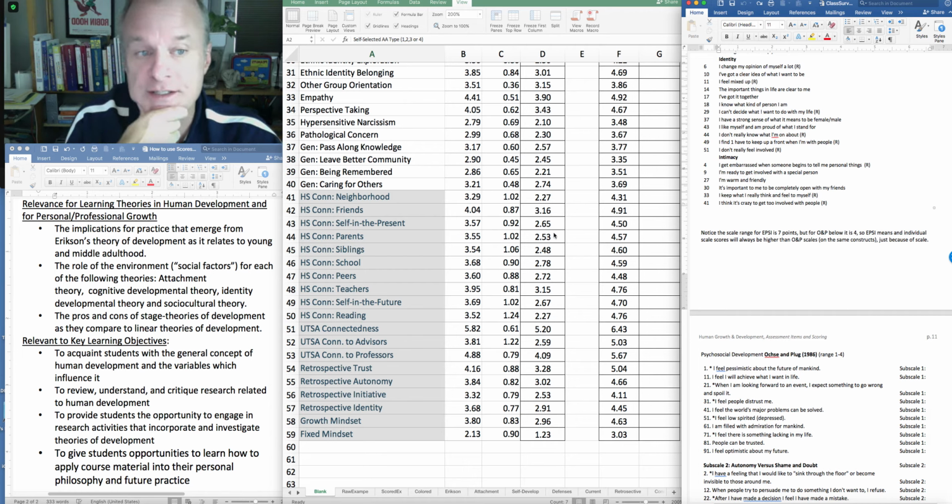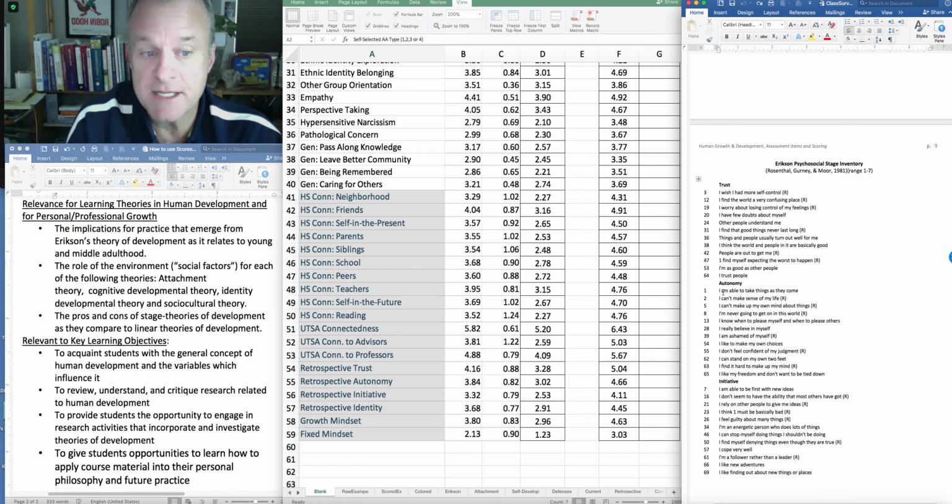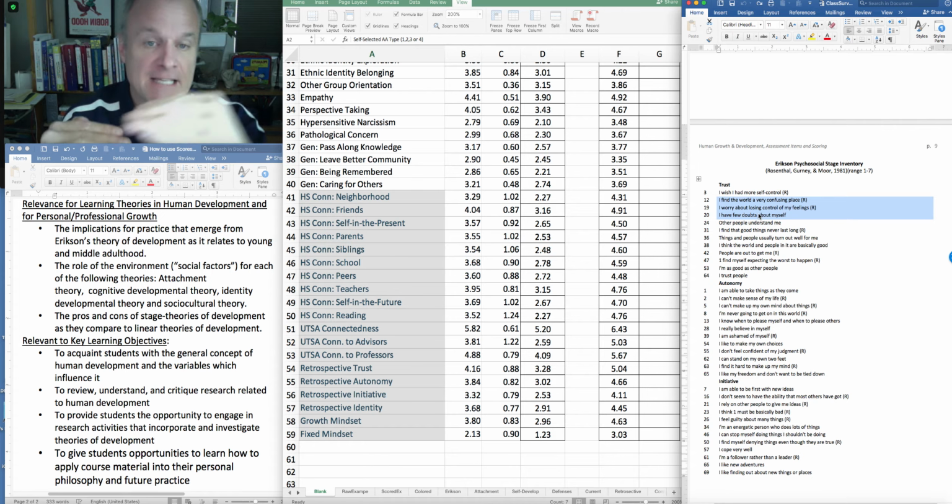Because if you notice that when we talk about the measures of the Erikson stages, like let's say if you look at the trust scale over on the right side for the EPSI, all of these items ask you about how you act and feel and think now, today, in your life, assuming a level of trust was developed early on and it has persisted over time.